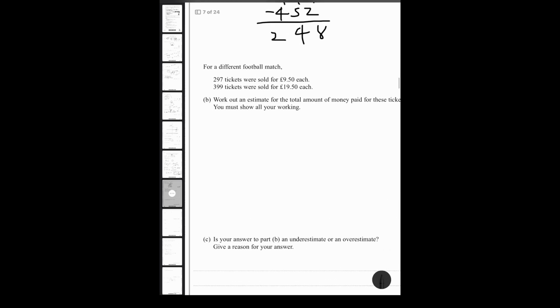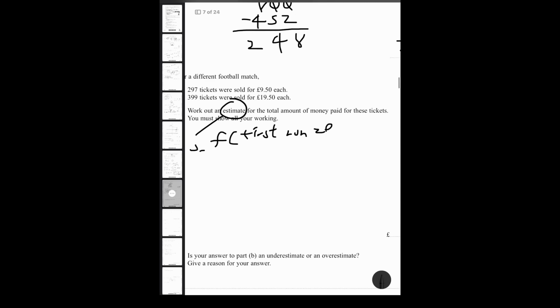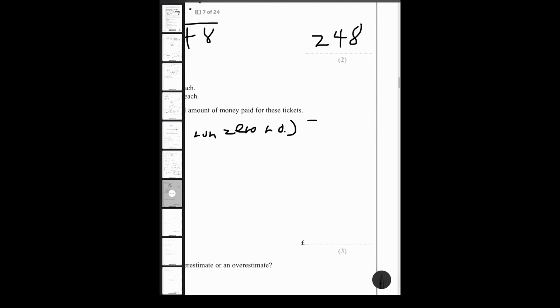So one thing you do for estimates is round to one significant figure. So first, look at the first non-zero number. The only exception is if you get a number like 0.1, it doesn't go to 0, but it goes to 0.1. Why?